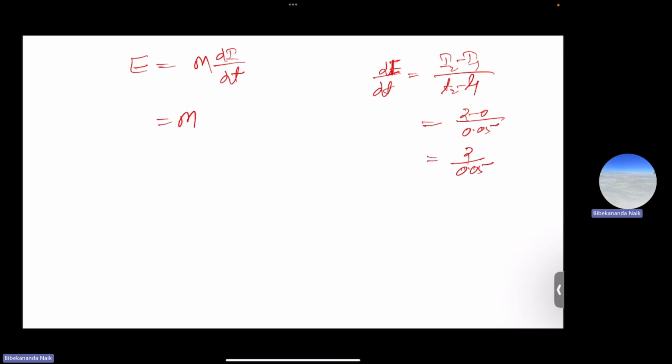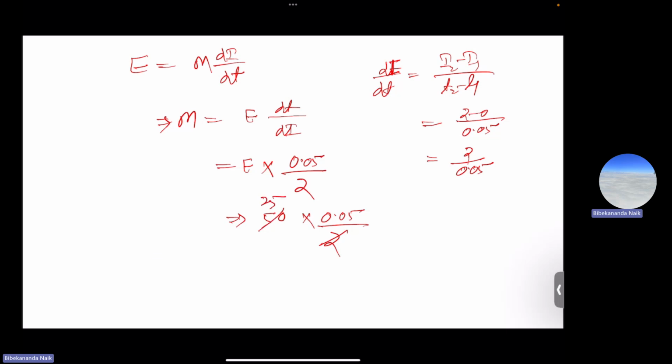So M will be equal to E dt by di, that implies E into 0.05 divided by 2. The value of E is 50 volt. 50 into 0.05 divided by 2.